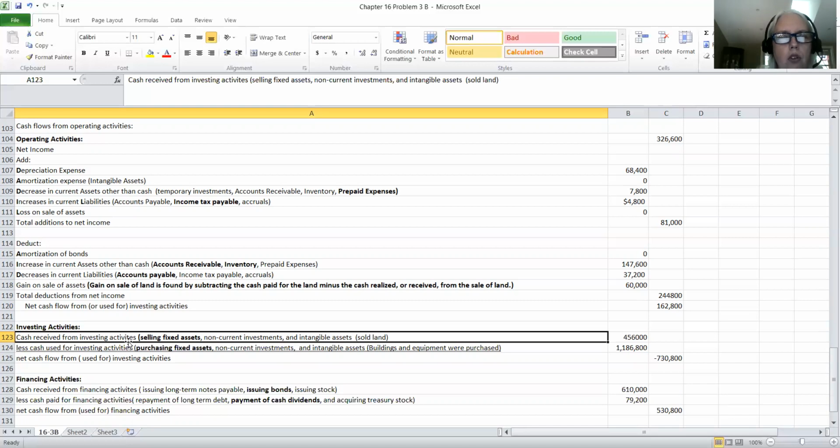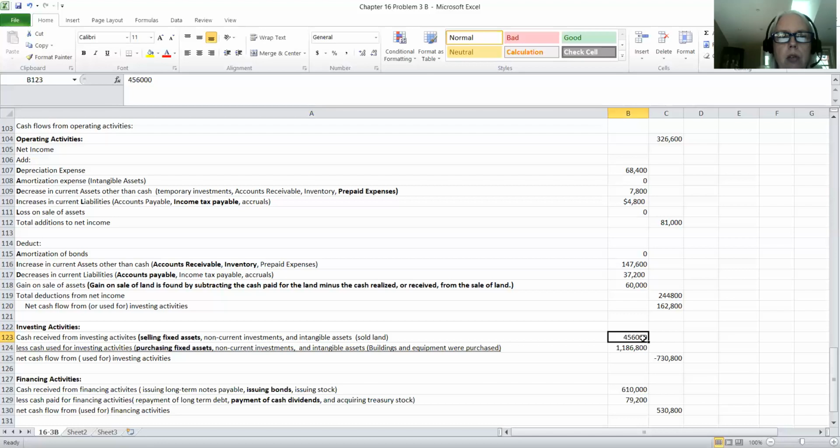Non-current assets such as plant assets or fixed assets, any non-current investments, any intangible assets are considered to be non-current. So this is going to be cash that we would record if we sell any of the assets. You might remember that we sold the land. We sold some fixed assets.